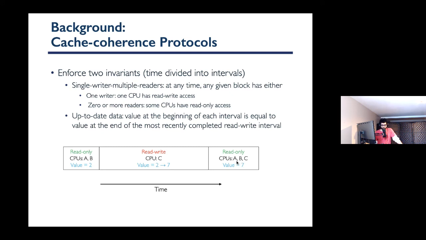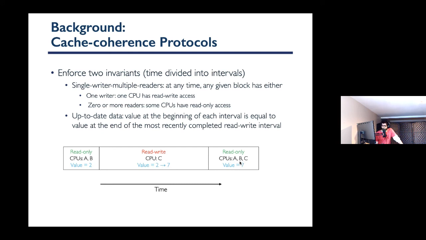So we're going to have A, B, and C, all of them in read-only. Now, the value that A, B, and C should see has to be the value at the end of this read-write interval. At the end of this, the value has changed to 7, and this is the value that A, B, and C have to see in this interval.